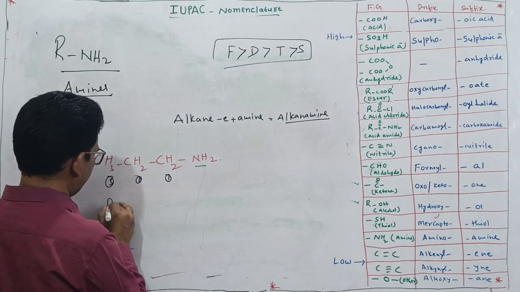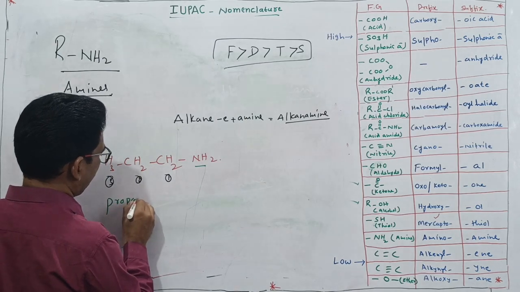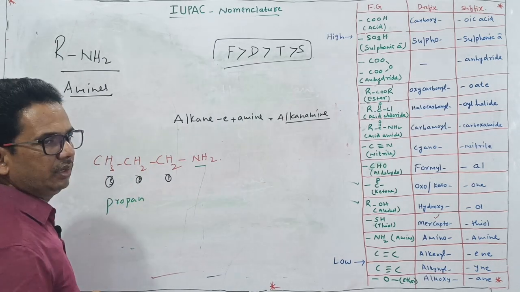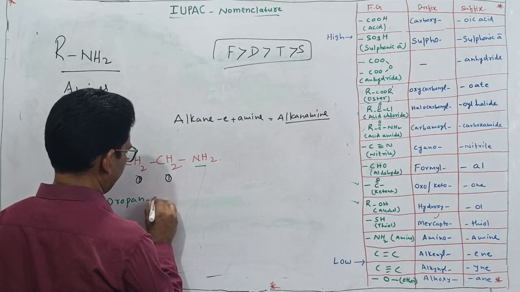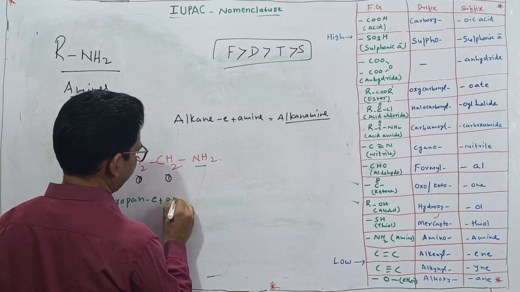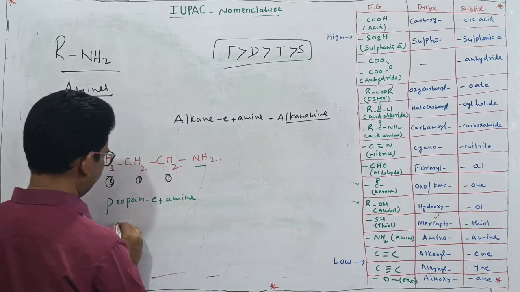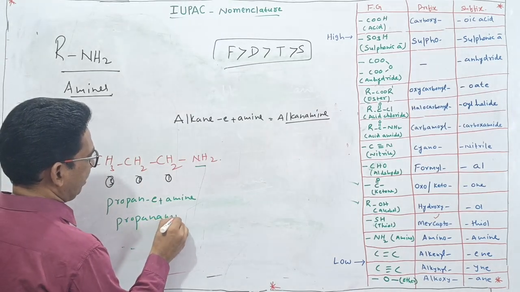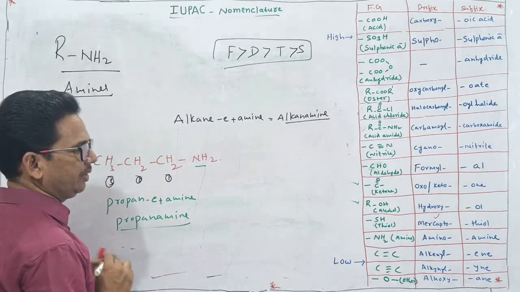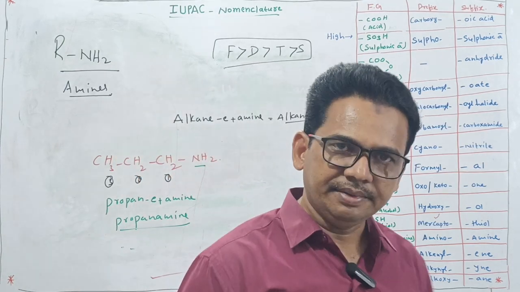That's why, 3 carbons are there: propane. Minus e plus amine. What is the name for this one? Propanamine. Okay, understood?